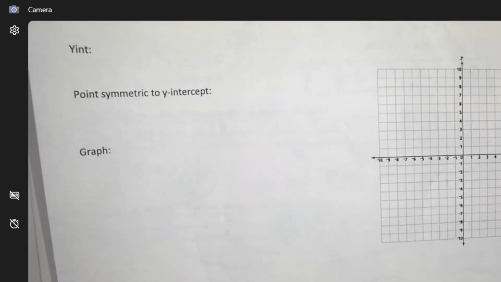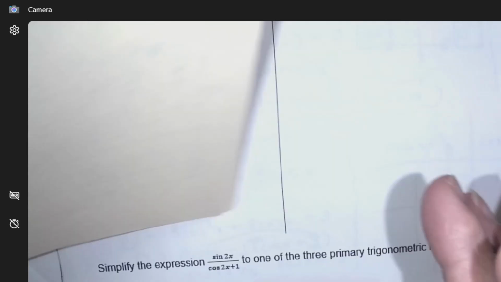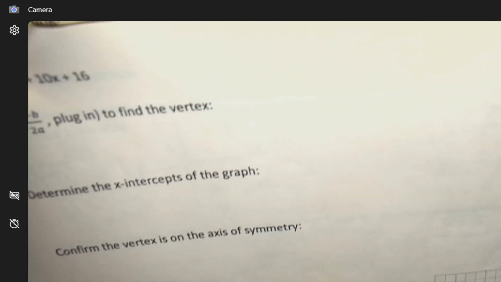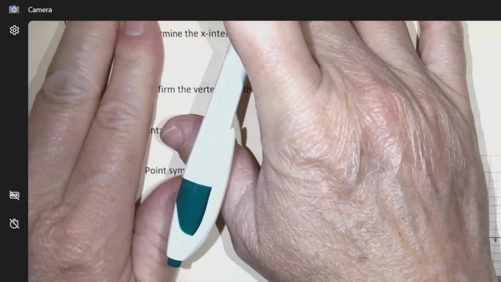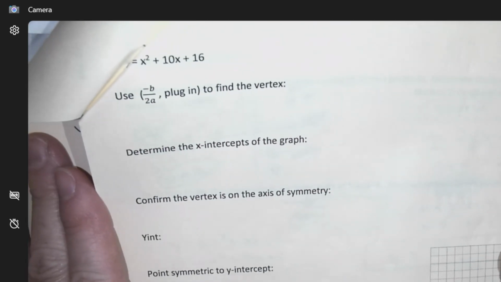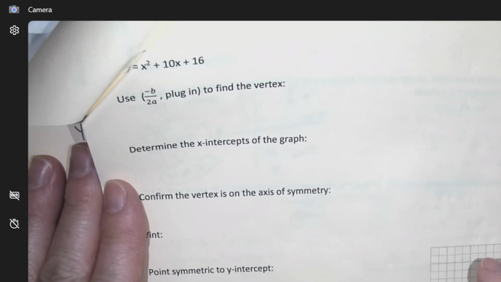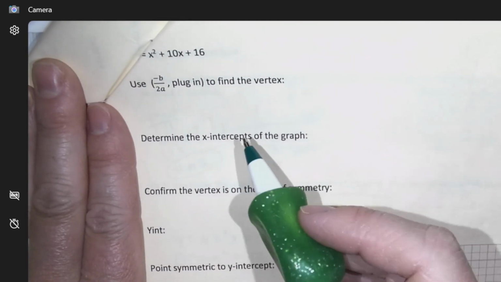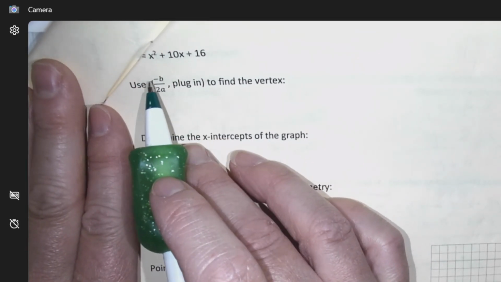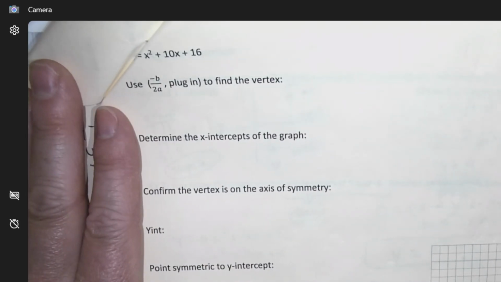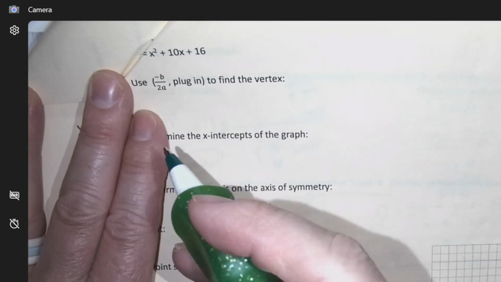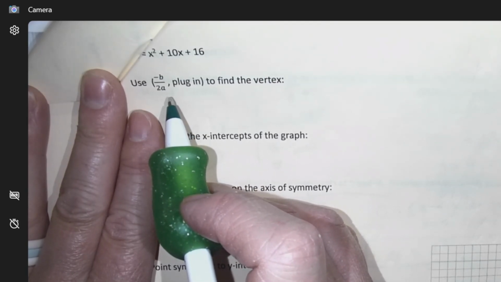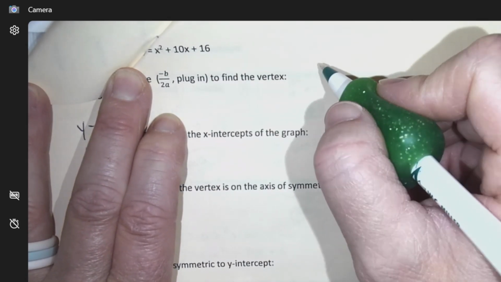Okay, and we're going to do some general form stuff. Now in general form, we don't just grab h's and k's. Sorry, it's not that easy, so we have to do some work. In this form, we do have a little formula: negative b over 2a, plug in. So here we go.